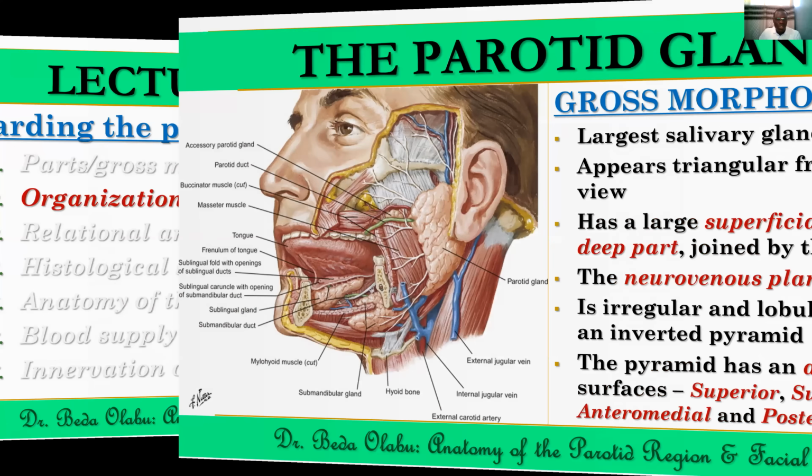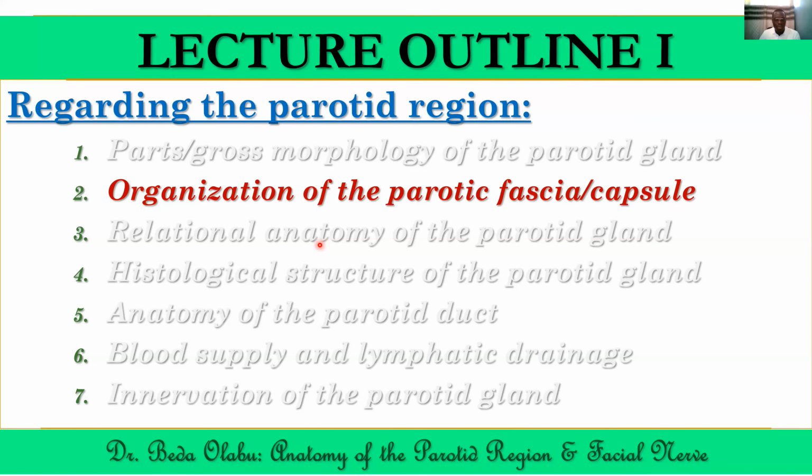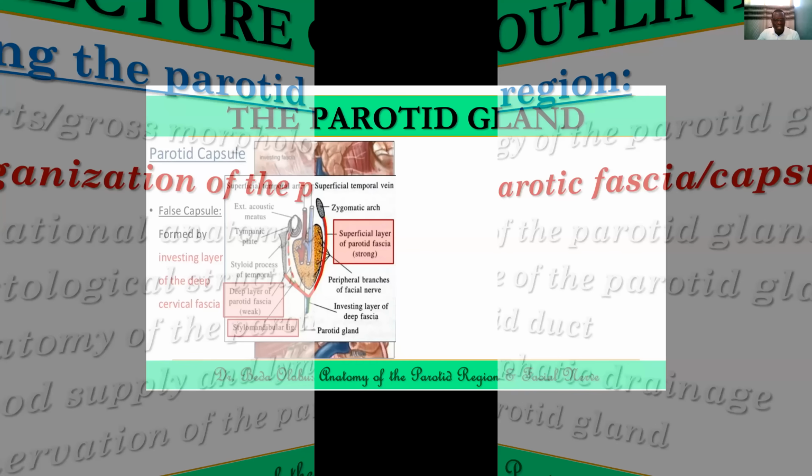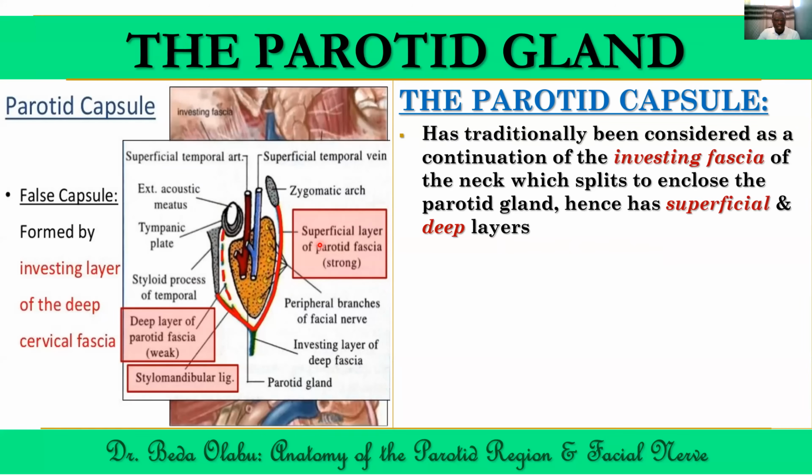And with that gross morphology, we can now talk about the capsule or the fascia that covers the parotid gland. Traditionally or historically, the parotid fascia or the parotid capsule has been considered to be just an extension of the deep fascia of the neck. The deep fascia of the neck is termed the investing fascia.